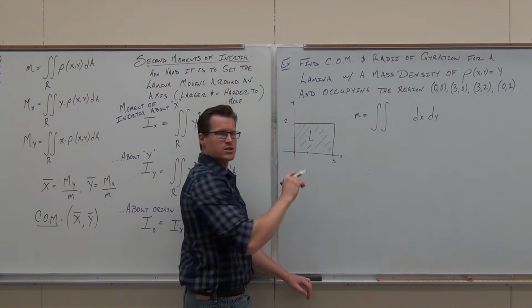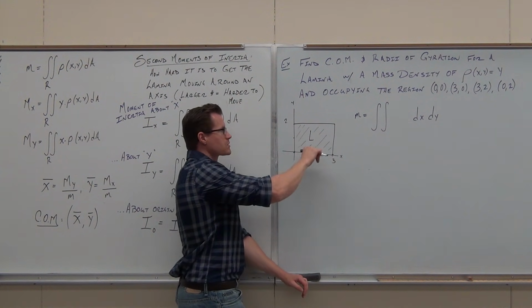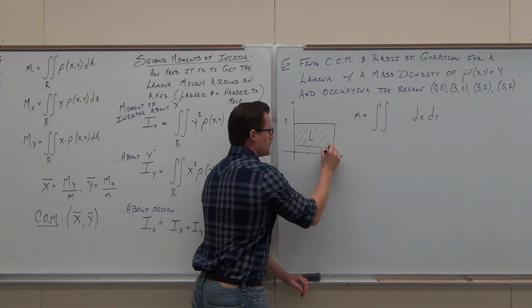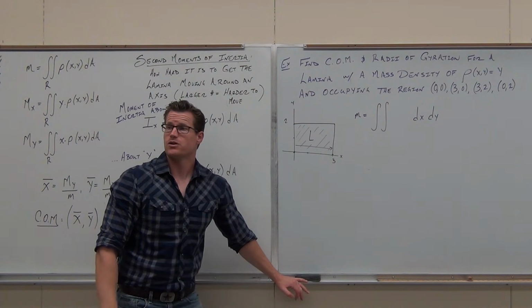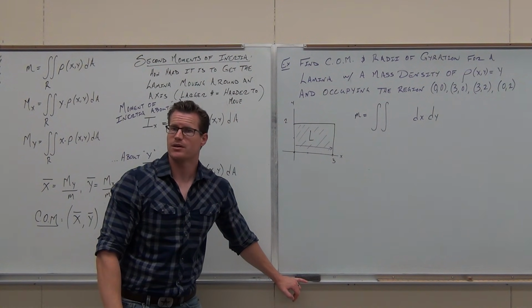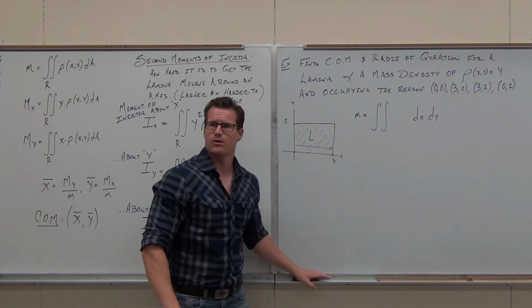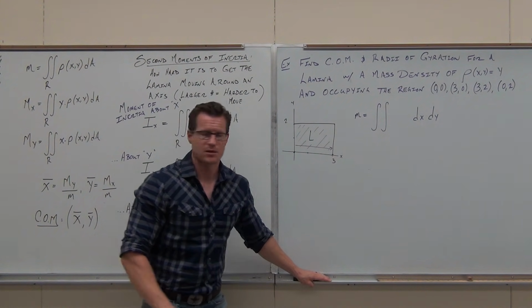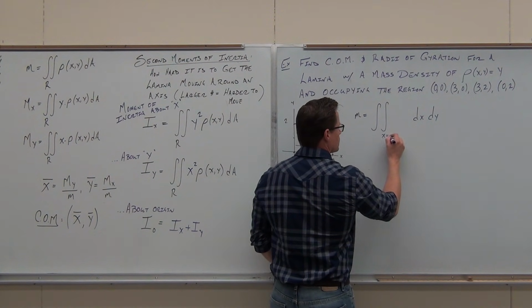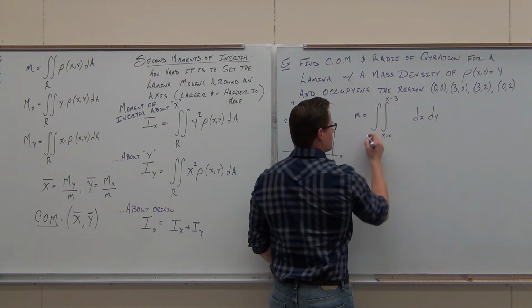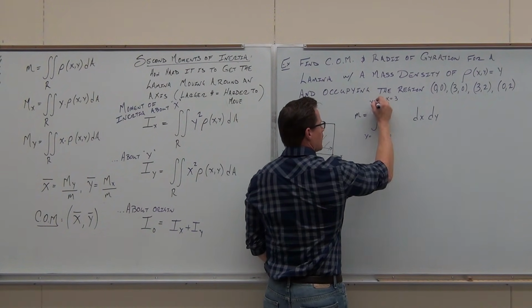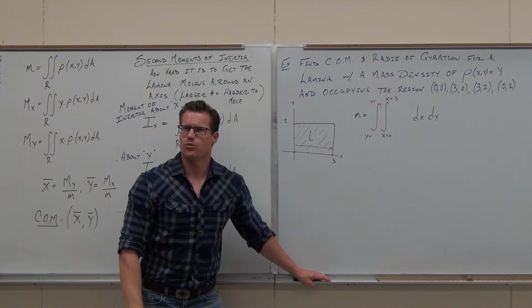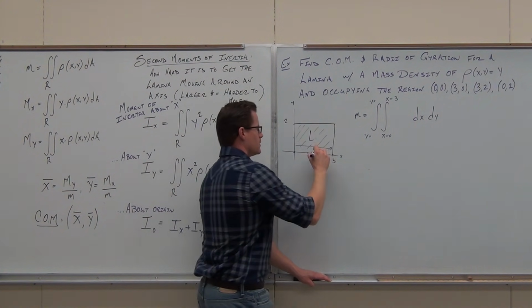If I go dx first, am I going up or across? From what function of x to what function of x? Remember, these are actually functions. And then what constant of y to what constant of y? 0 to 2.